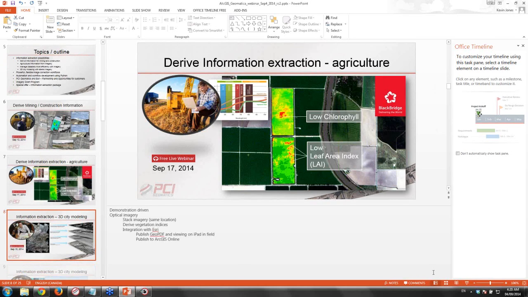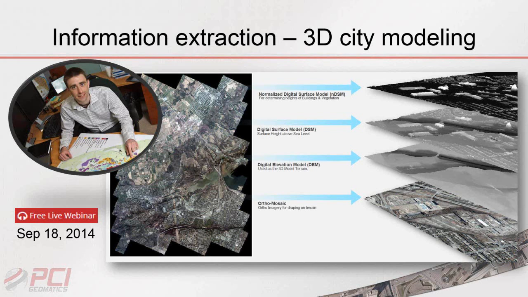Really working with 3D city information, their job is just going to be so much easier to accomplish because they can put together nice visualizations, perhaps do some scenario building into the future, and we have the tools to do this. And that's going to be the subject of our upcoming webinar on September 18th.